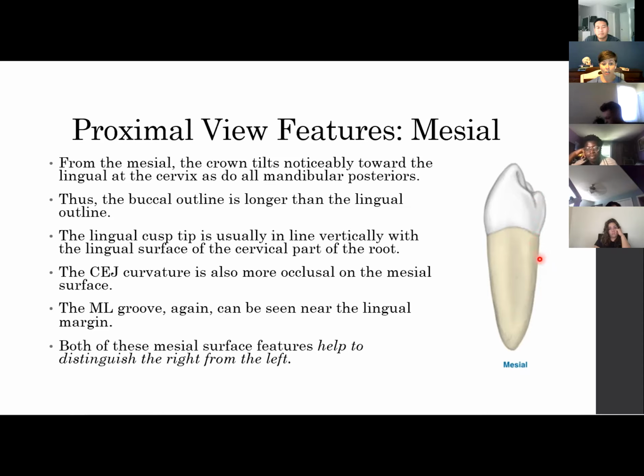The CEJ curvature, that's this right here, is also more occlusal on the mesial surface. The mesiolingual groove, again, can be seen near the lingual margin. Both of these mesial surface features help to determine whether it's a right or a left tooth.